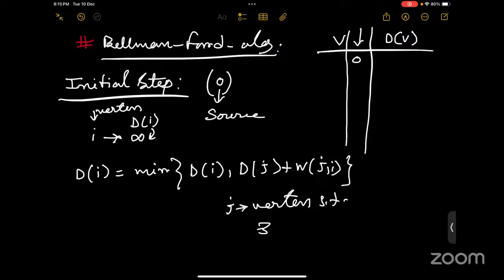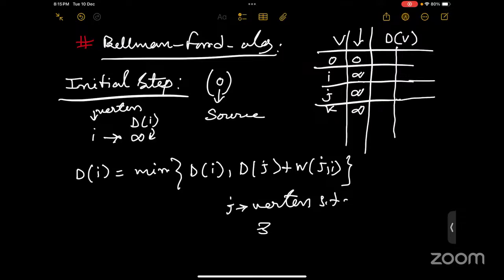Suppose we have I, j, k as our vertices. Then we will follow some other steps, use this definition and update the distance. Am I clear?